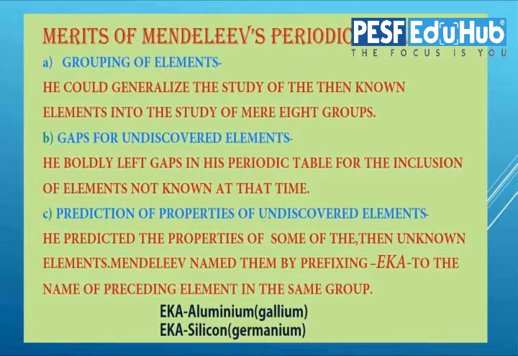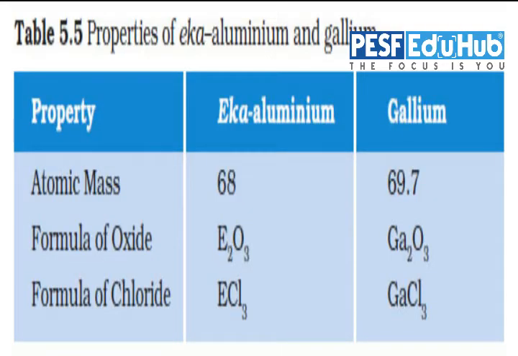As you can see from the periodic table, the gap left was for an element later discovered as gallium. Next, eka silicon. Here, the element was later discovered to be germanium.